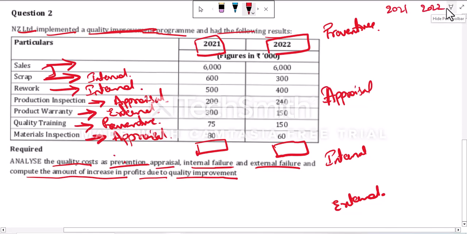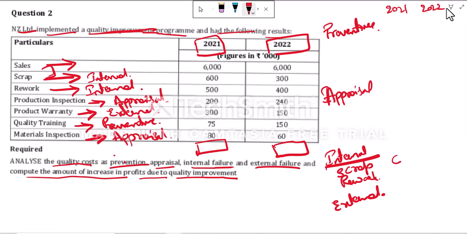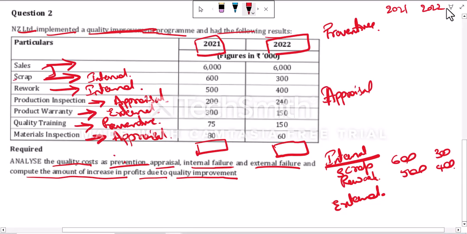Under scrap and rework, both: 600 in 2021, 500 here, next 300, 400, and we are done with this.